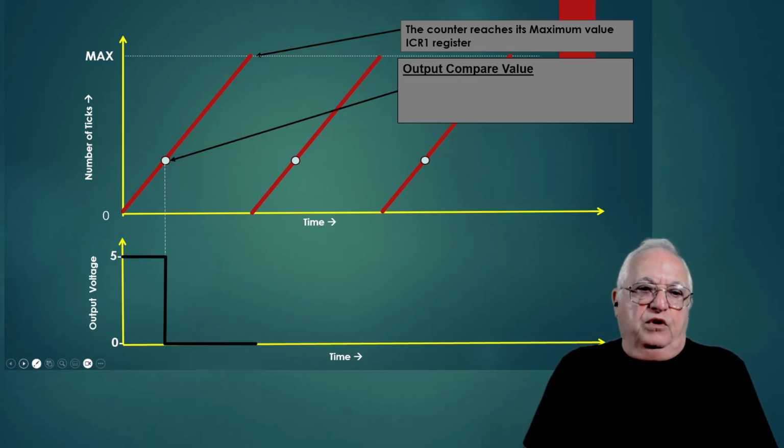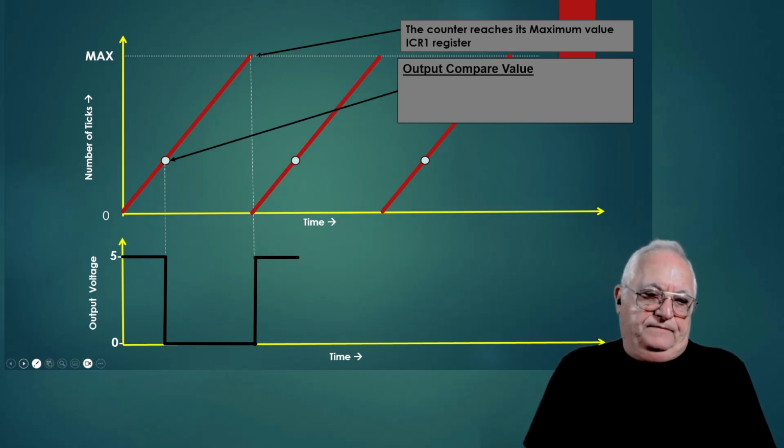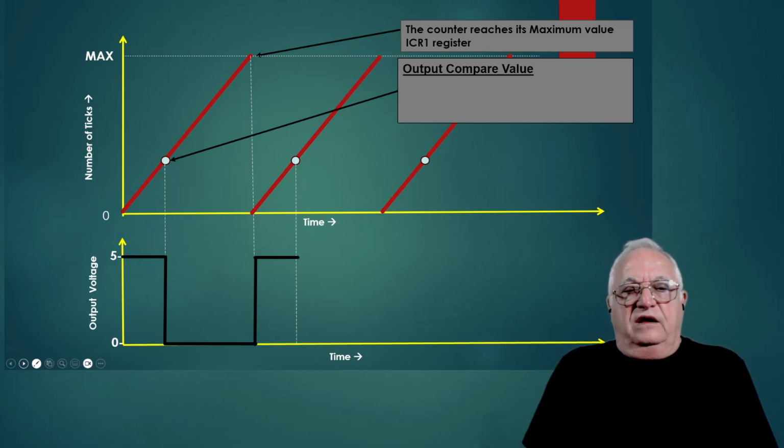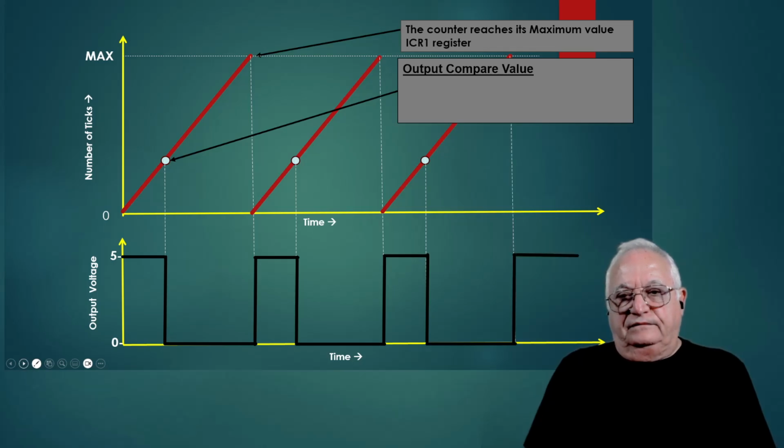And then we want it to remain 0 until we again get to the maximum value of our counter, at which point we want it to go back to 5 volts, to go high. And then when again we reach the output compare, we want it to go low. And that's how we generate our signal.